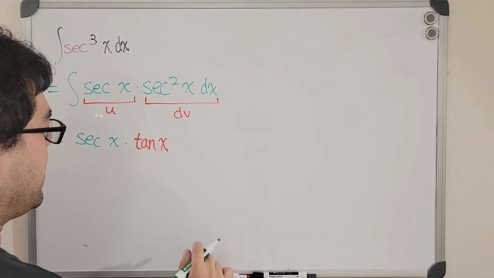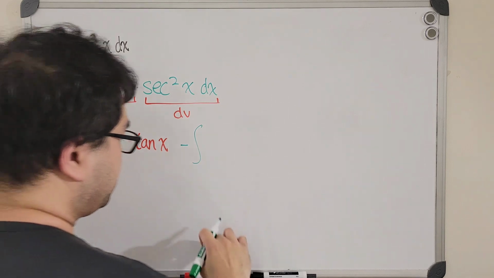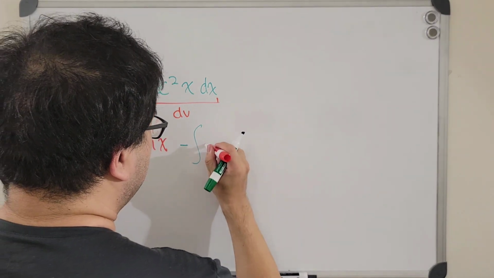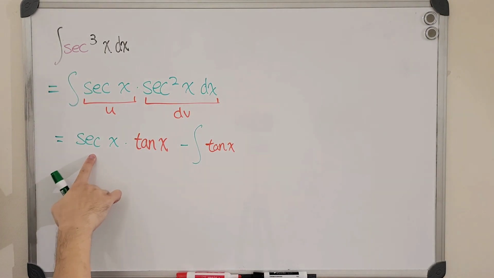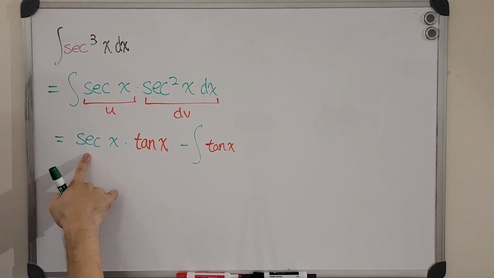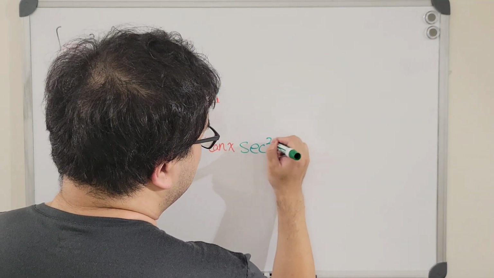Good. Then we are going to subtract our v here, and then times du, which is the derivative of this part here, which in this case will get secant square.